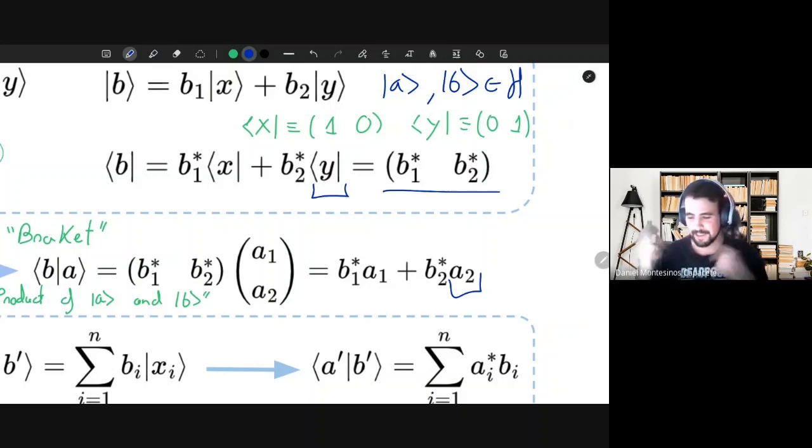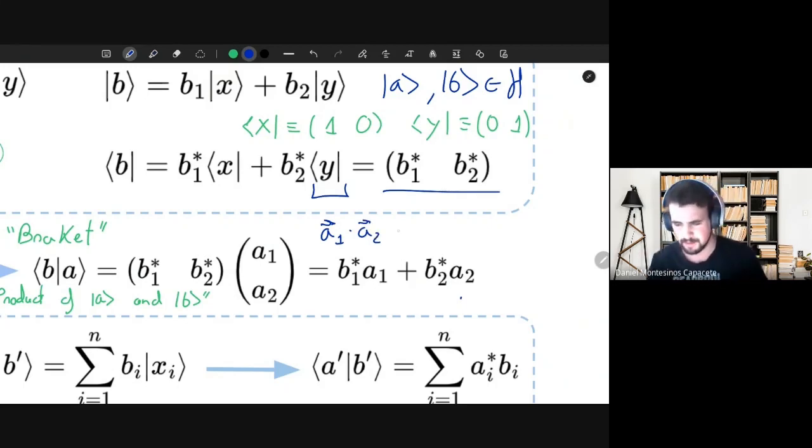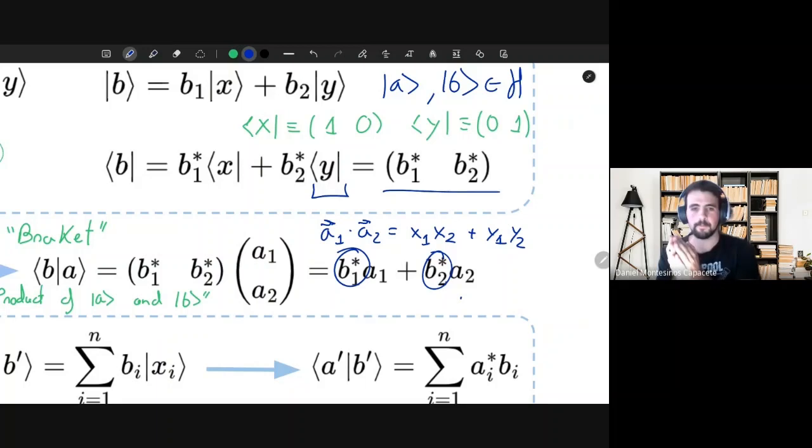I have confused myself a little, but I guess you understand the idea. You are just multiplying. This is the same as when we were defining, in our example of the two-dimensional plane, that this is going to be x1 times x2 plus j1 times j2, right? It's the same. The only difference is that we are working with complex numbers, and here we take the complex conjugate of the complex numbers of your first vector.